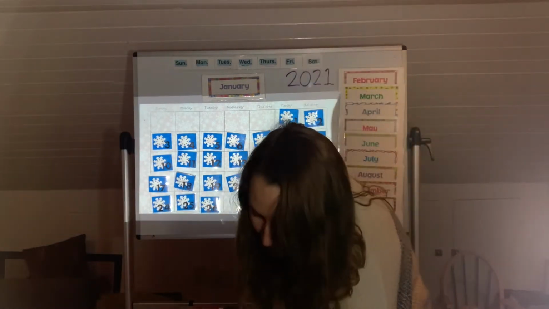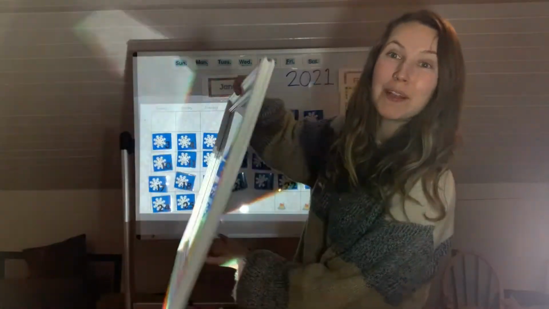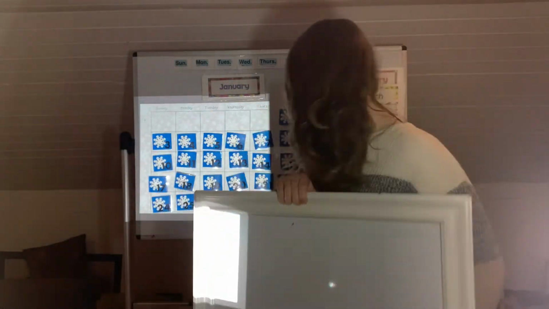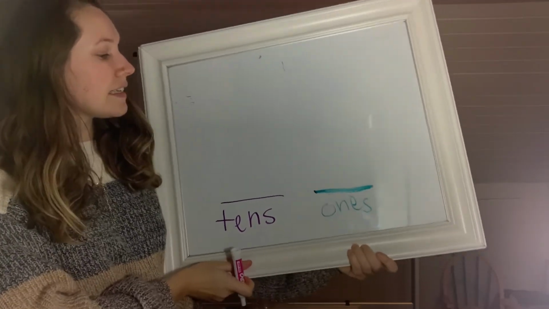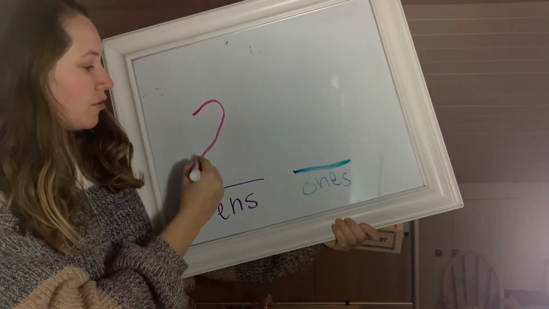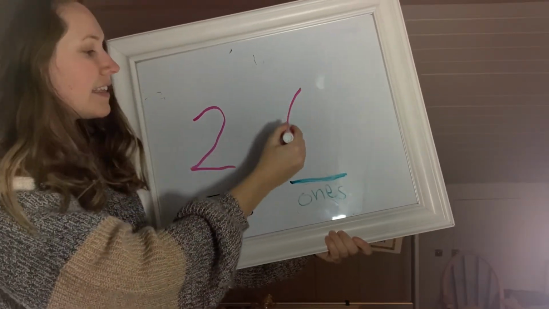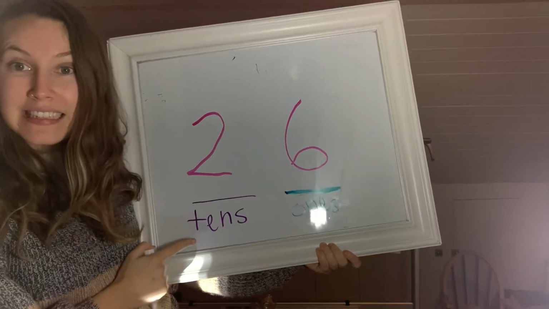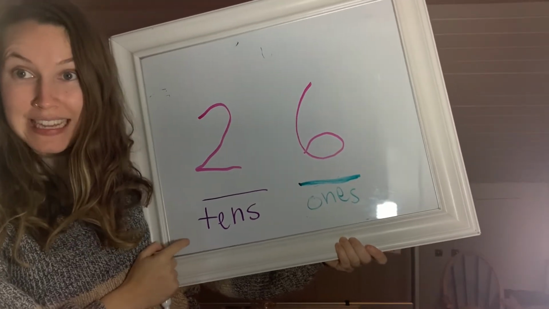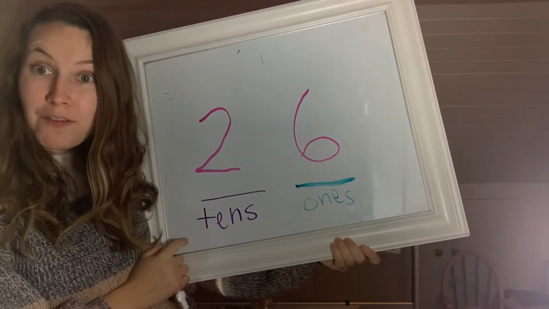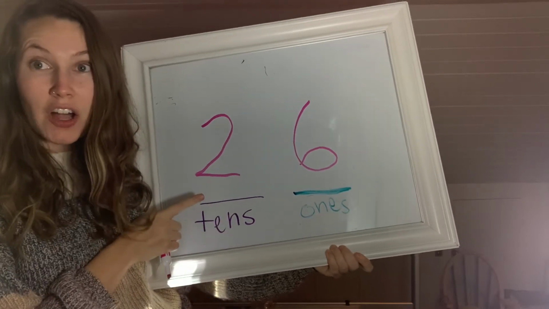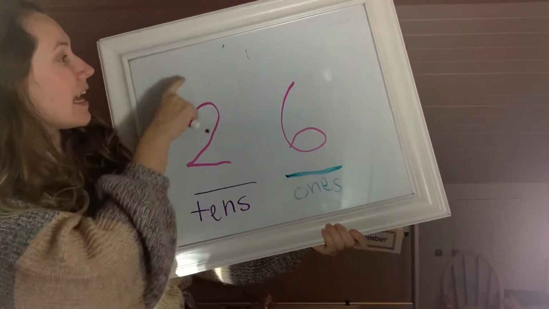And now we're going to look at building the number 26. So when I write the number 26, I have a 2 and a 6. Now I can see that the 2 is in my tens position. Remember that first position is called the tens place. The tens place.